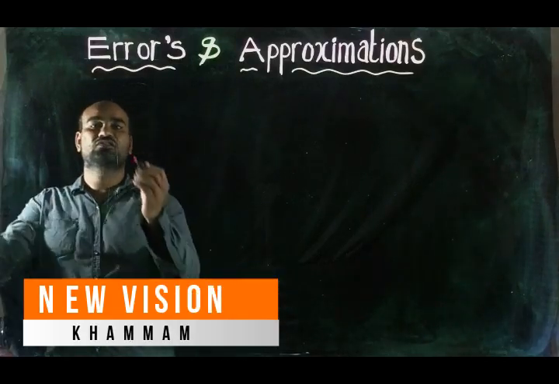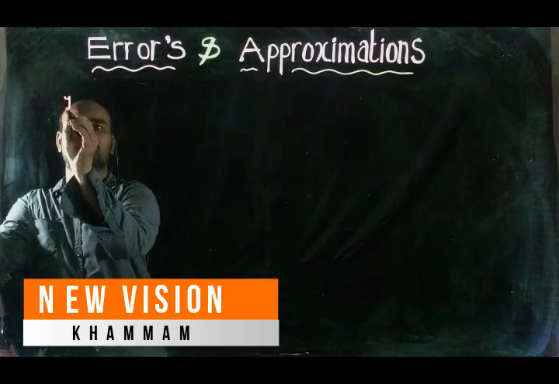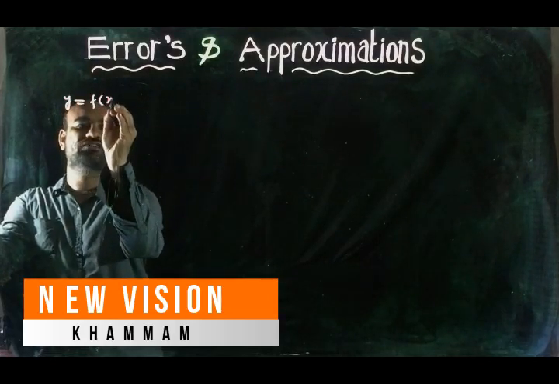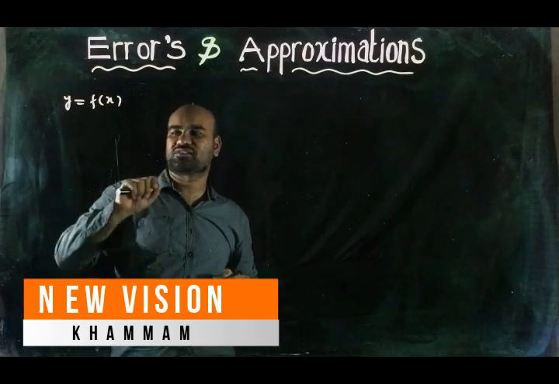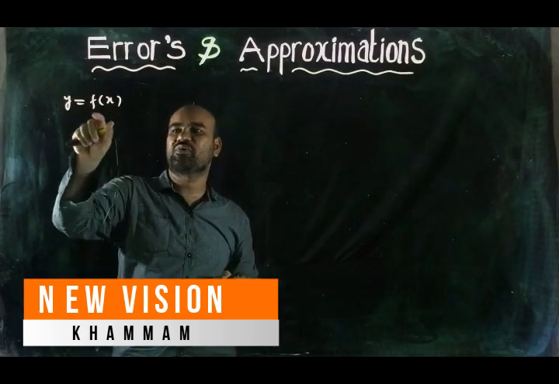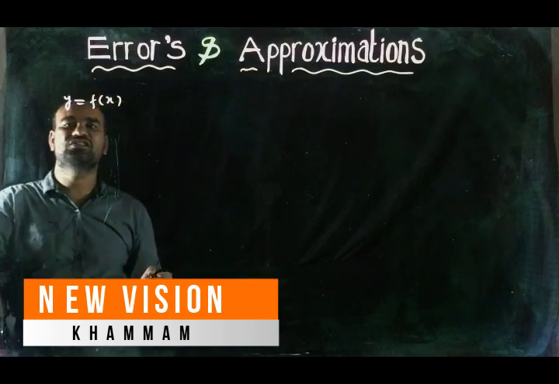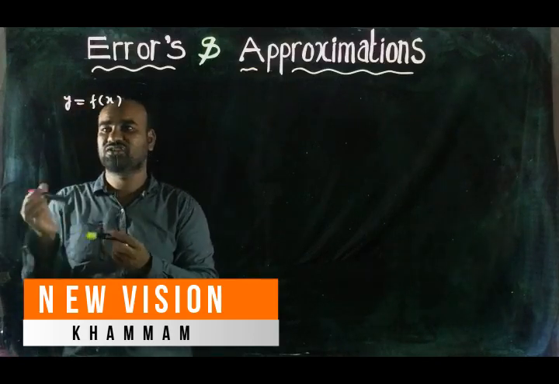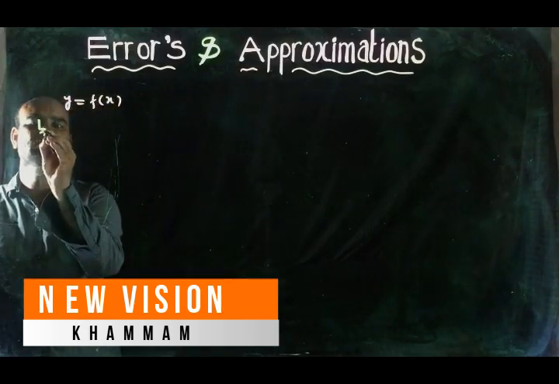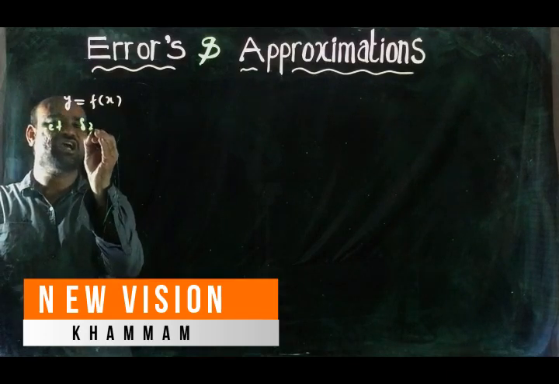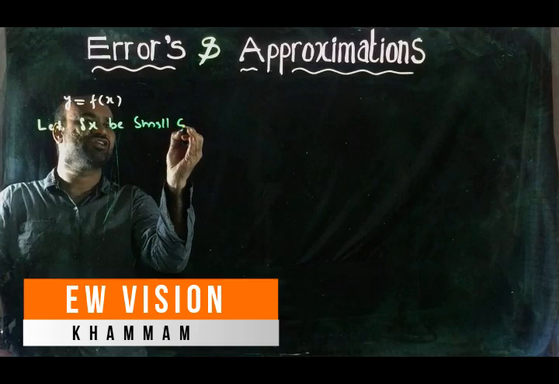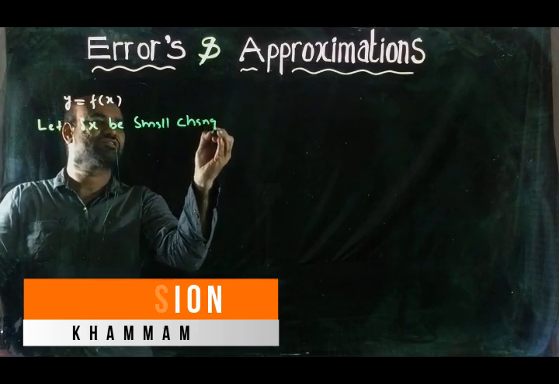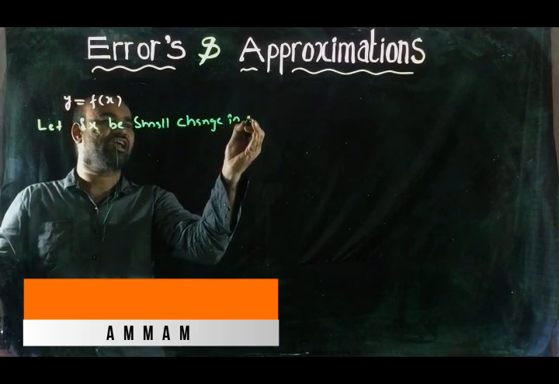Okay, so y is equal to f of x, a function. y is a function with respect to x. If there is a change in x, automatically there will be a change in y. Let delta x be a small change in x.